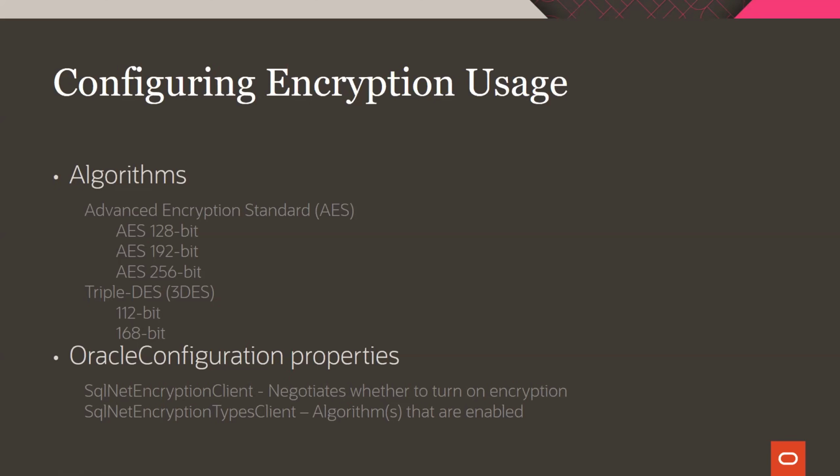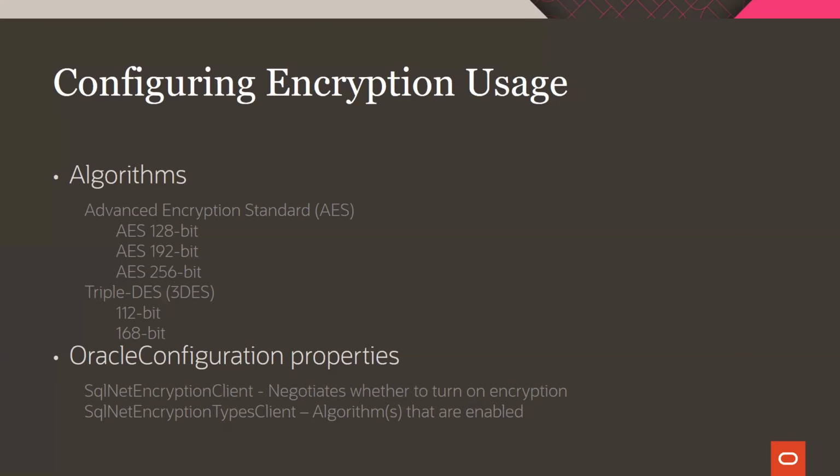So it's probably easiest to explain rejected and required first. Required means that on the client side, you are requiring that for a connection to occur, it has to be encrypted. And if the server side is not letting you do an encrypted connection, it won't connect at all. So that's what required means.